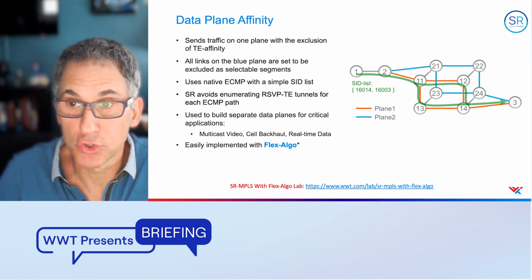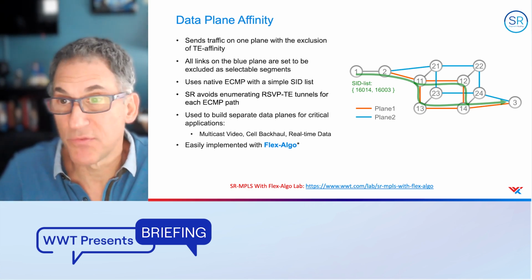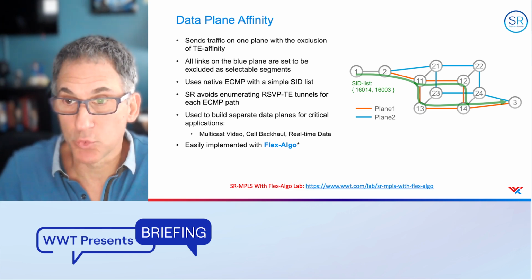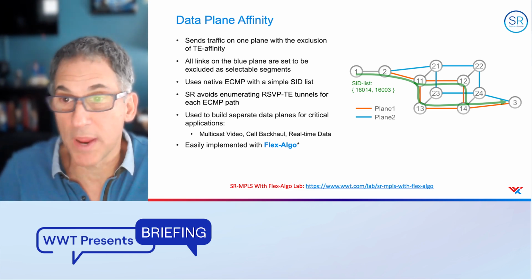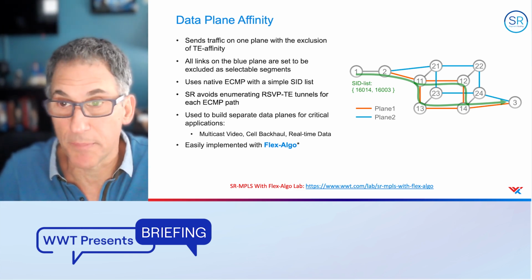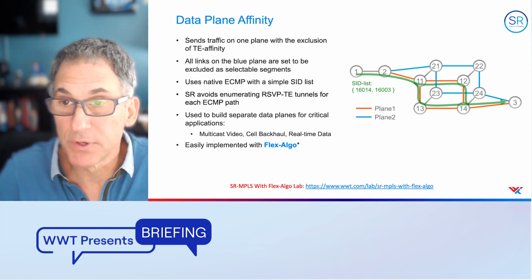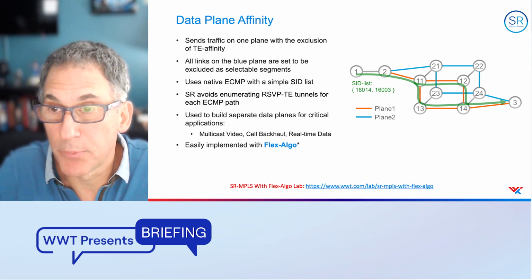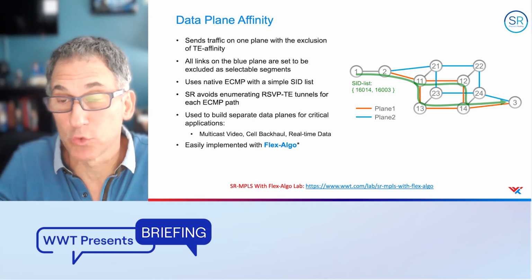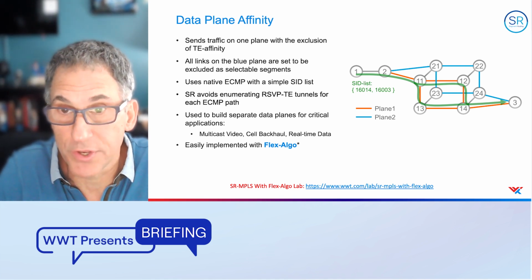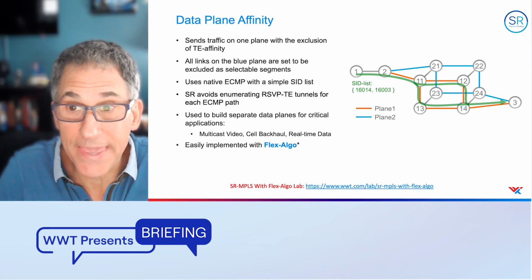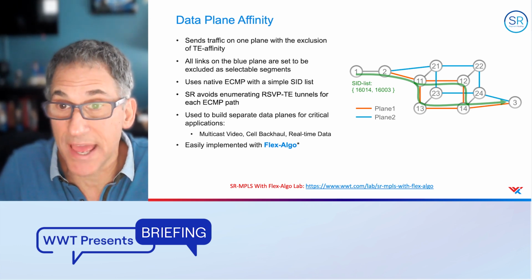So we have two streams being delivered, and in a video network, quite often video providers will grab both streams and pull frames from both if there's noise or something in one stream or another, and rebuild it before they put it at the tail end. This gives you that ultimate flexibility across the network from the head end to the tail end. Again, this is done with a simple SID list and ECMP in mind.